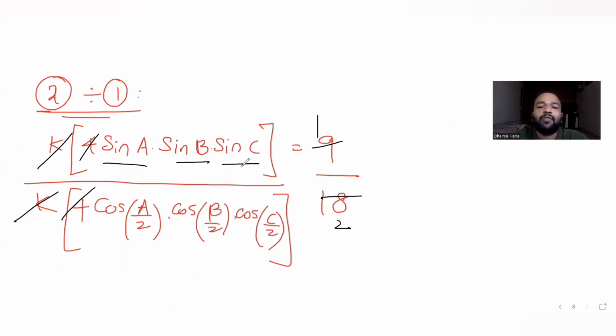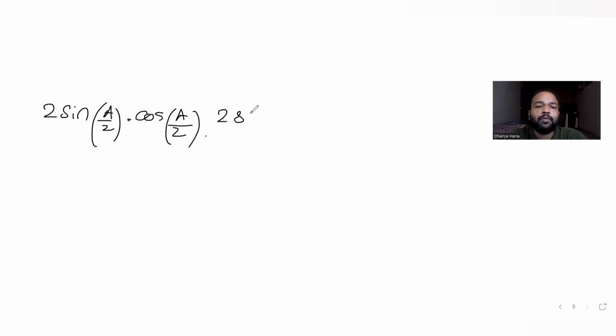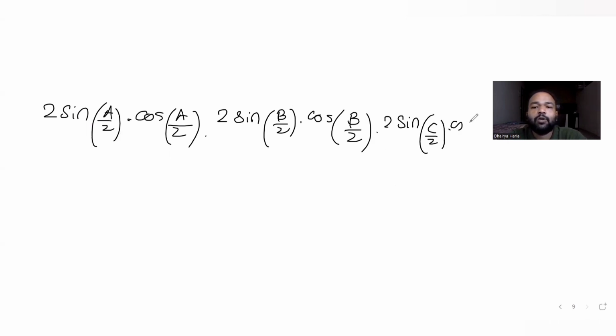Again, if I use the idea of double angles, I can write sine A as 2 sine A by 2 cos A by 2. Again, I can write sine B as 2 sine B by 2 cos B by 2. And sine C also as 2 sine C by 2 into cos C by 2.